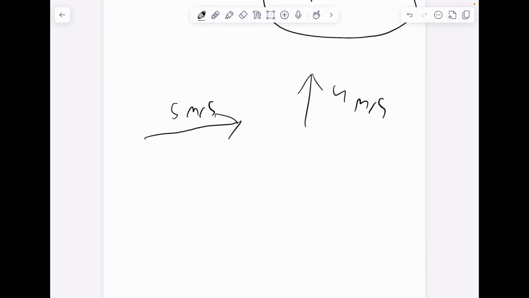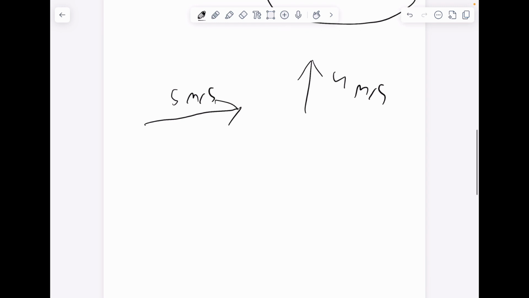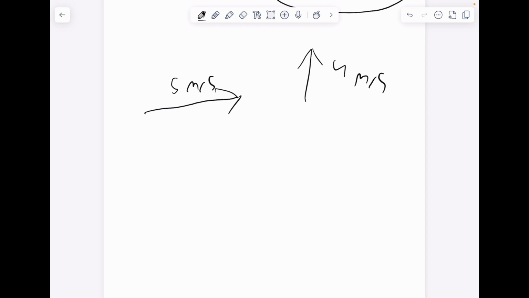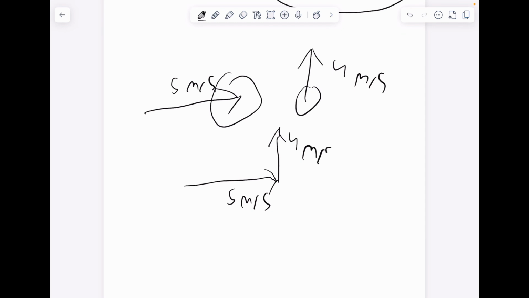Now, if I wanted to add up these two vectors, I could do vector addition. This works using the head to tail method, so the head of the vector goes to the tail of the next vector. So it would be 5 meters per second and then 4 meters per second like this.